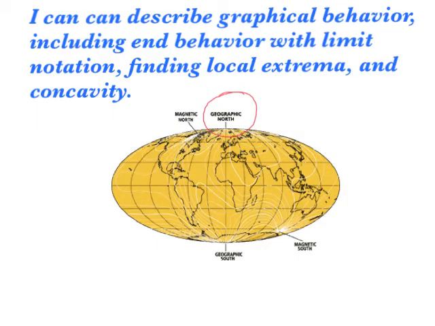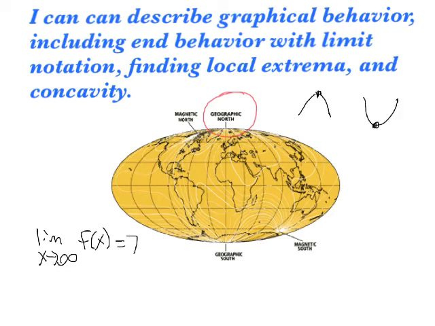Alright, so that concludes the video for 21B. You should be able to describe graphical behavior using limit notation. So that's saying the limit as x goes to infinity of our function, maybe that equals 7. You should be able to describe local extrema, which would be finding the maximum or the minimum.